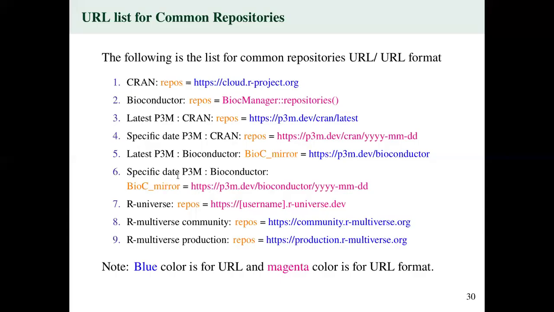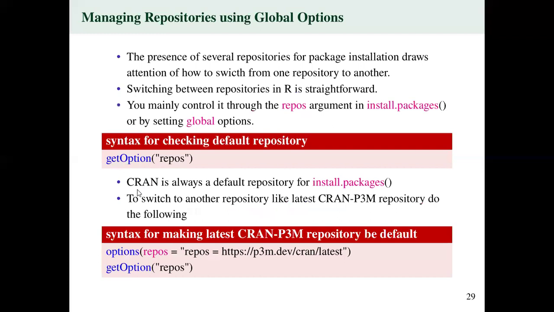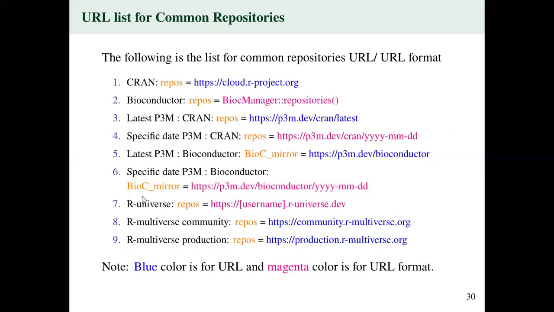So each time you want to change an option, you can put this within what? Like I want to install packages, this form. Which one? Let me check. This one. I want to install a package from P3M CRAN source.